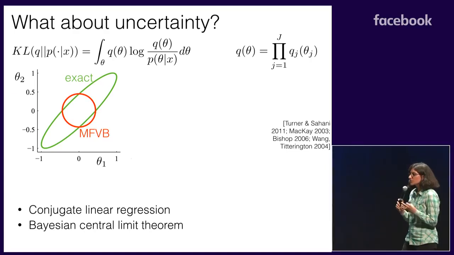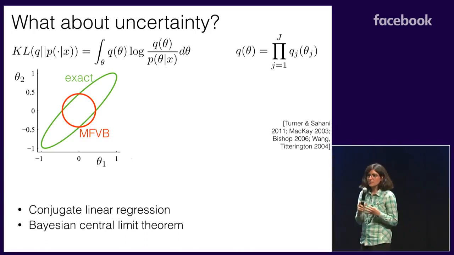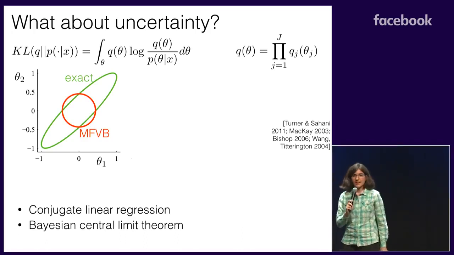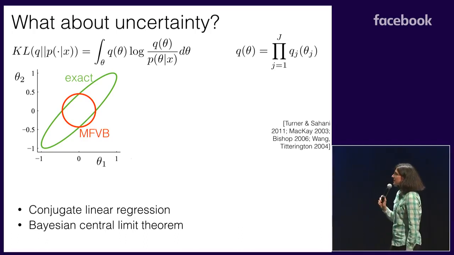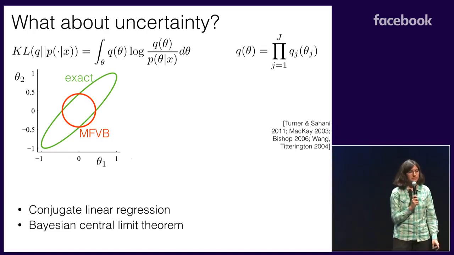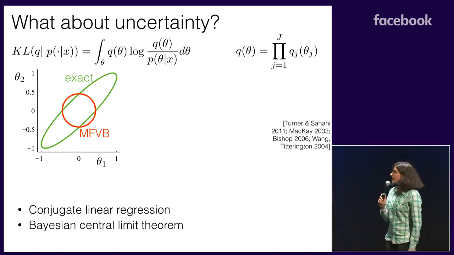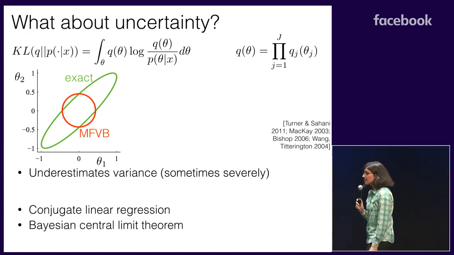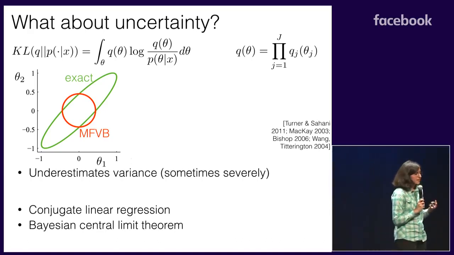And so in some cartoonish sense, we're going to fit our approximating posterior inside our exact posterior. That's what's happening here when we have an axis-aligned distribution that we're fitting inside our exact posterior. This is what we get. We're underestimating the variance.